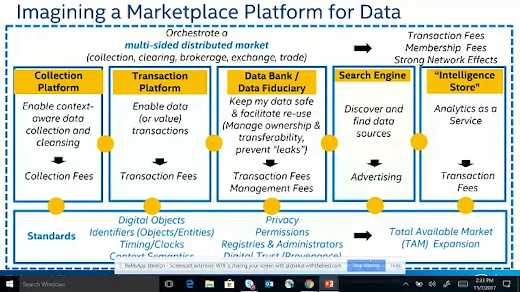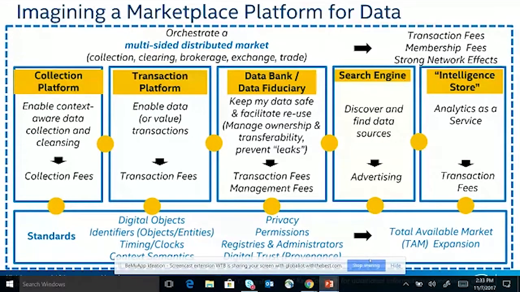You would have a transaction platform. You would have some kind of data bank where data would interact with other types of data from a variety of different environments. You would have different search engines to go and find data. And you would also have intelligent stores where you could actually have analytics as a service.